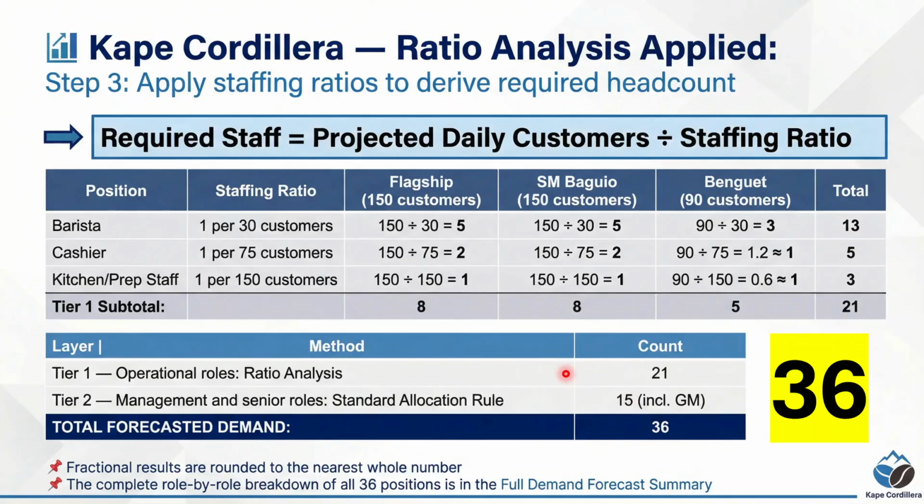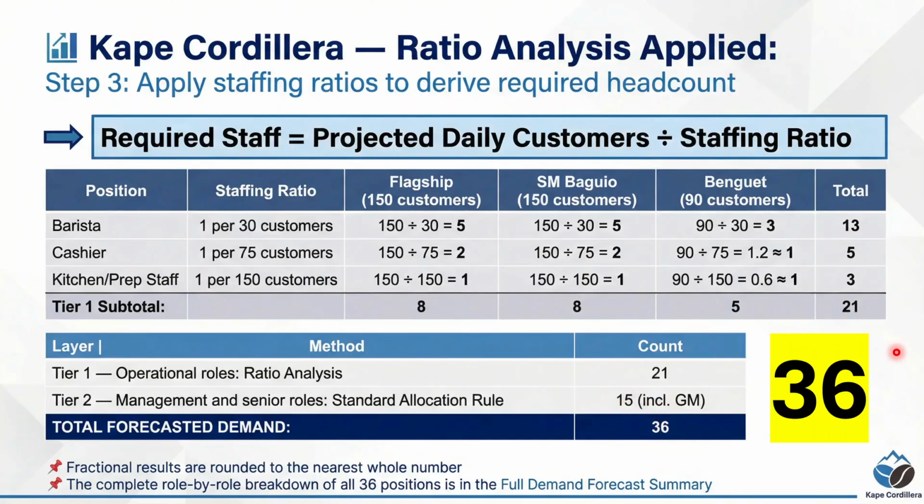Okay? But this only covers yung mga operational roles. So, we still have to determine later on ilan ang kailangan natin sa mga management at saka mga senior positions. So, all in all, we have 21 operational roles based on ratio analysis. Pero nakalagay na dito kung ilan ba ang kailangan natin sa management, but we will be explaining later kung paano nakuha yung 15.